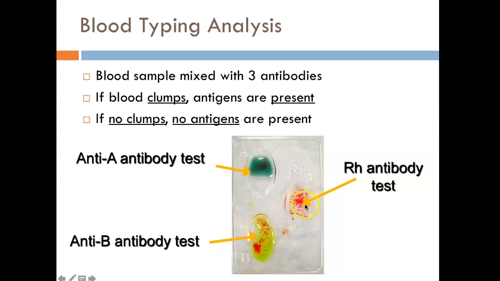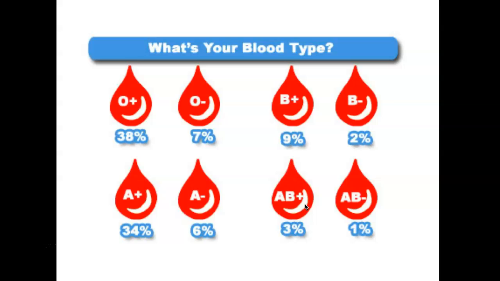I actually gave you a red toothpick for the RH factor one. Turn the toothpick on its side to mix. I see students doing it with the tip, and then they fling blood everywhere. At home, that's probably not a big deal. In the classroom, it's kind of unfortunate when that happens. So I will show you on the Zoom call.